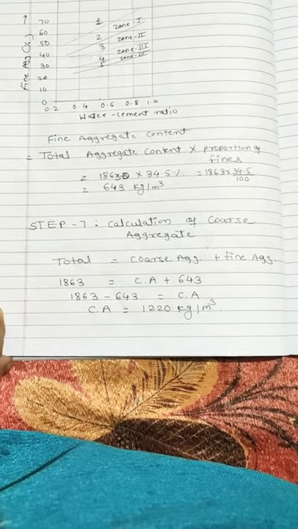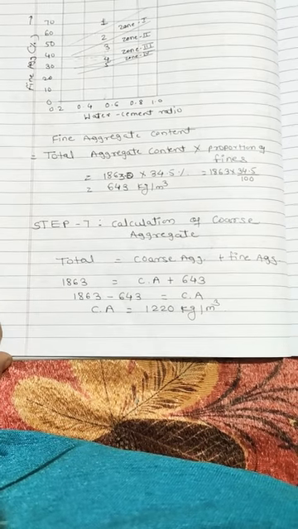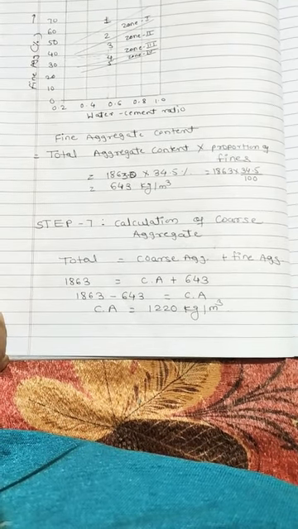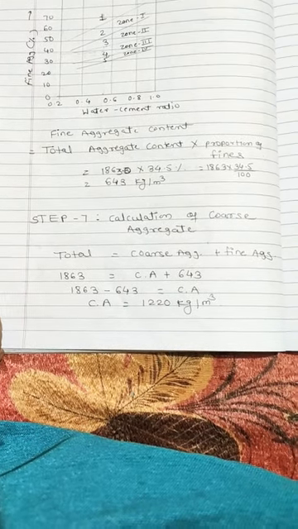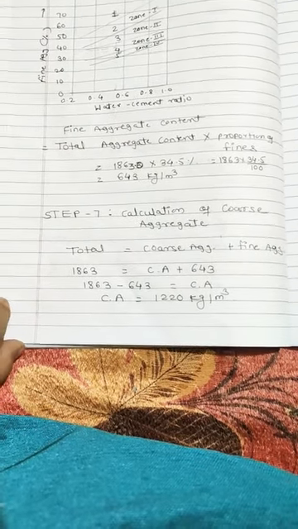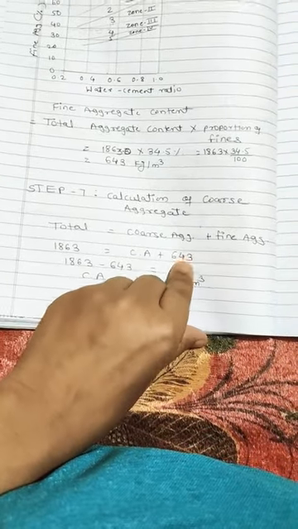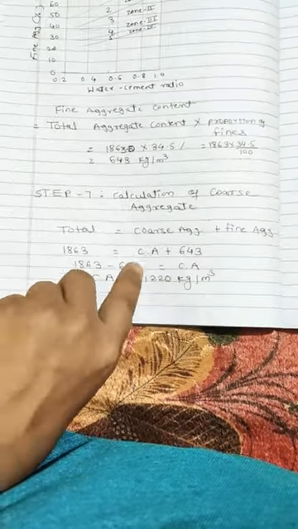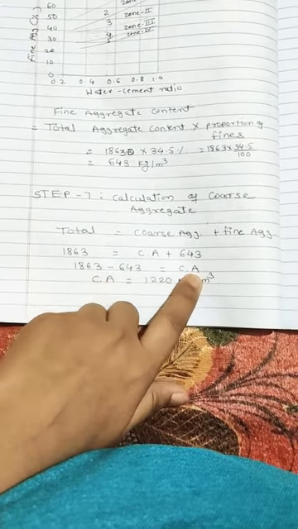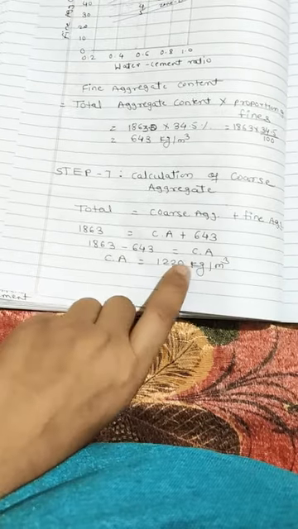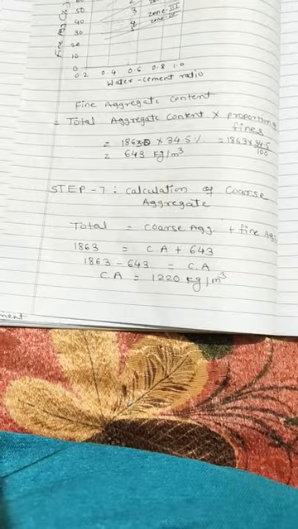Total equals coarse aggregate plus fine aggregate. So 1863 minus 643 equals coarse aggregate, which is 1220 kg per meter cube.